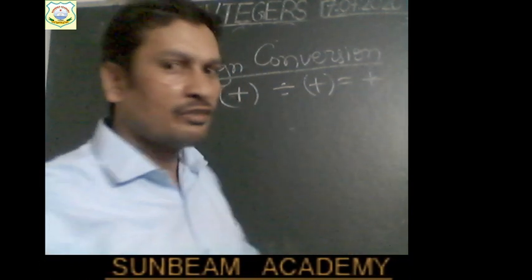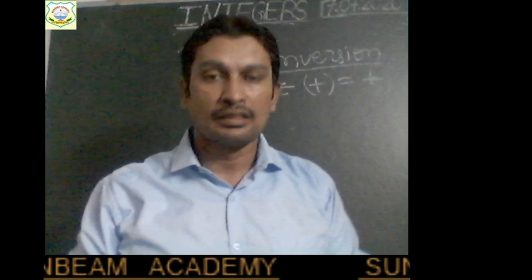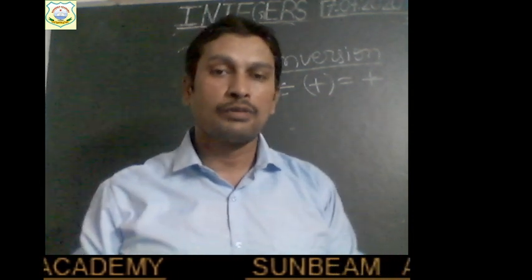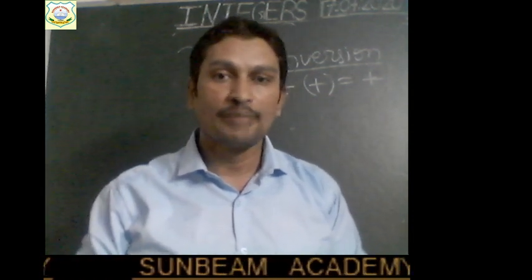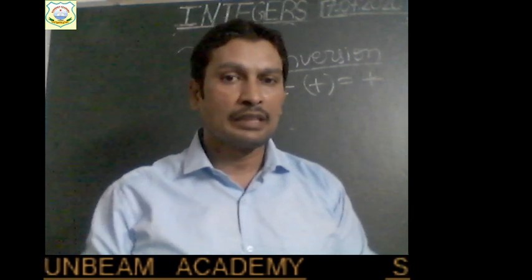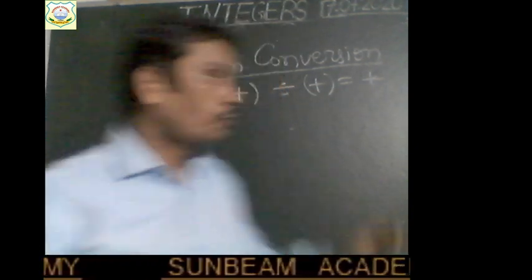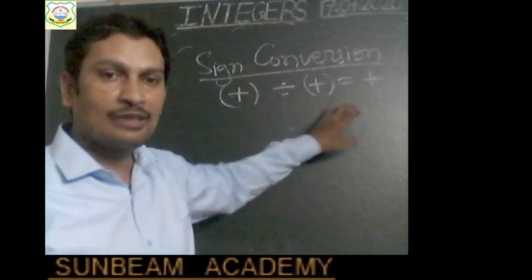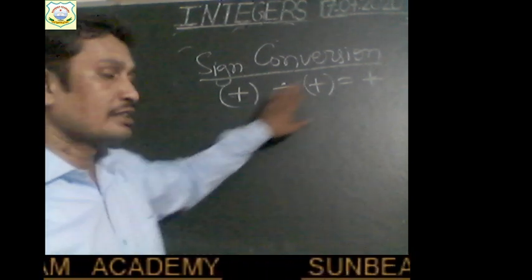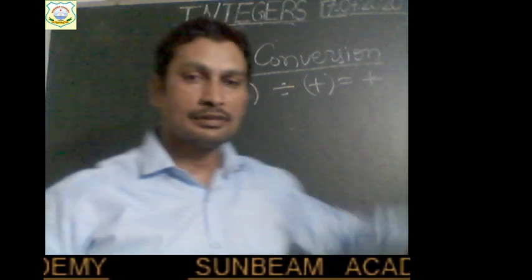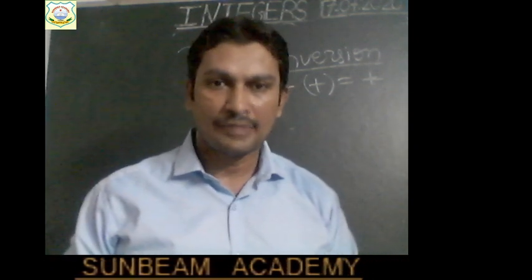Rules for sign conversion in case of division are the same as the rules for sign conversion in case of multiplication. So for division and multiplication, we use the same conversion rule, right? So positive into positive equals positive. In the same way, a positive integer divided by a positive integer will be equal to positive, right?